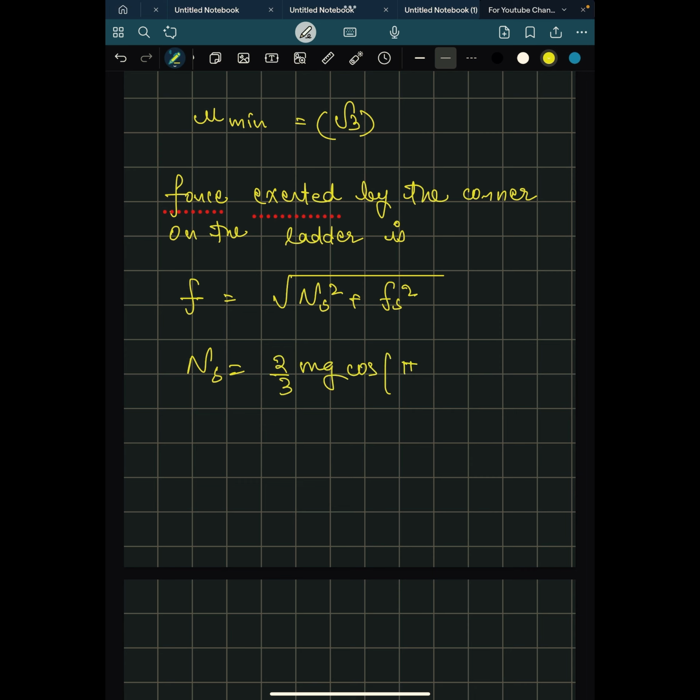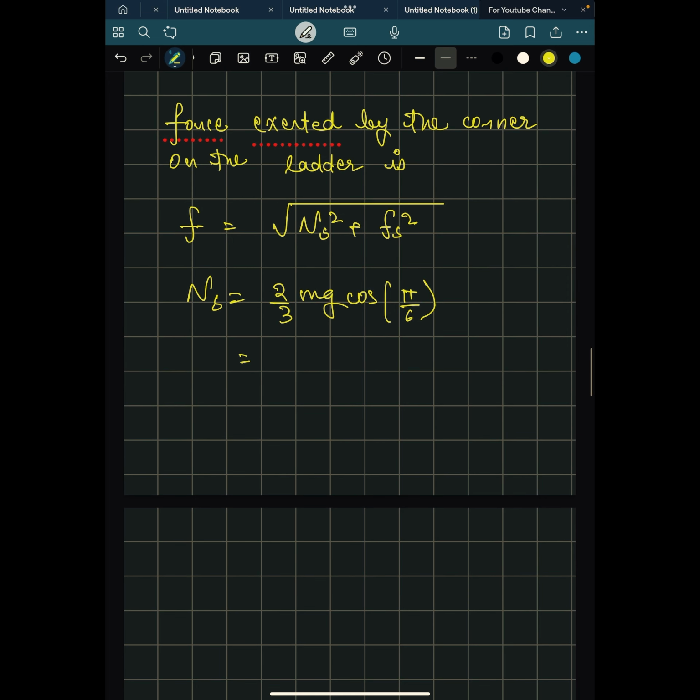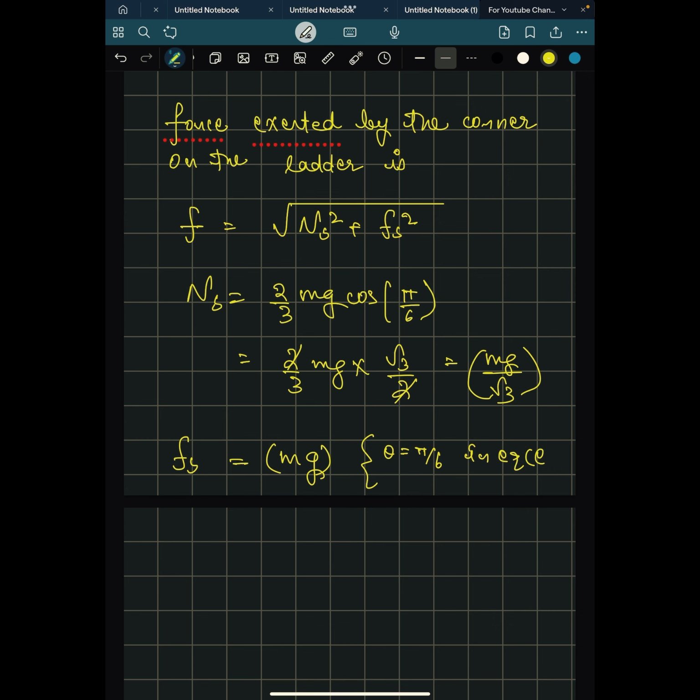For theta equal to pi by 6, cos 30 is root 3 by 2, so 2 by 3 mg times root 3 by 2 is mg by root 3, right? So Ns is equal to mg by root 3. Similarly, we calculate Fs by substituting this value of theta in equation number E. Fs comes out to be mg.